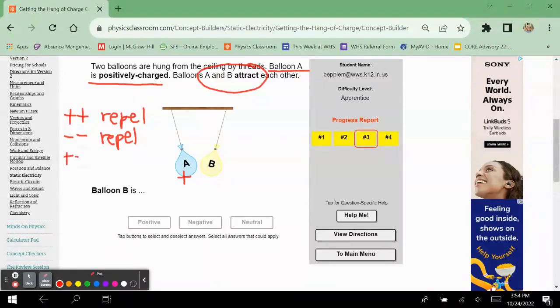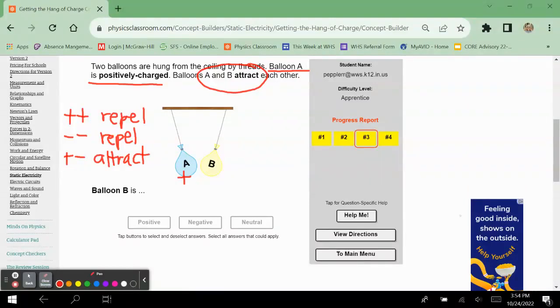So a positive and a negative would attract. And then when we think about something that's neutral, has a charge of 0 overall, neutral charges always attract other charged objects. So neutral and a positive attract, and neutral and a negative also attract each other.